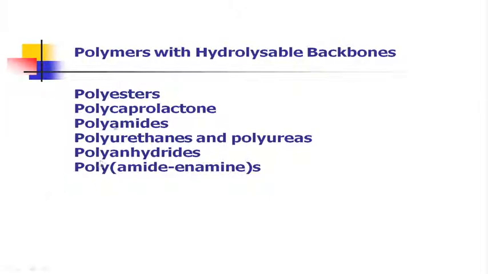Now, let us see examples of polymers having hydrolyzable backbones, which can be degraded by hydrolysis. So, these are polyesters, polycaprolactone. This is another kind of synthetic polyester made from epsilon caprolactone by ring opening polymerization. Polyamides have a peptide linkage, as in proteins.